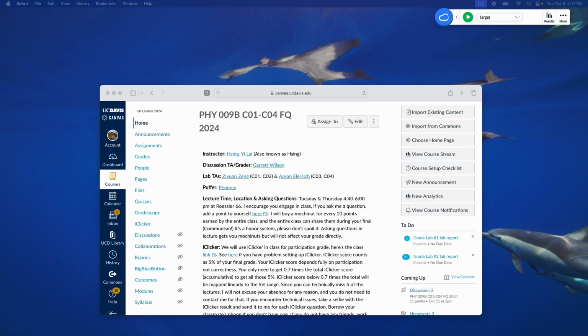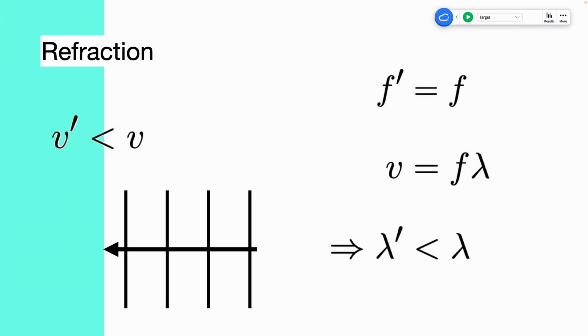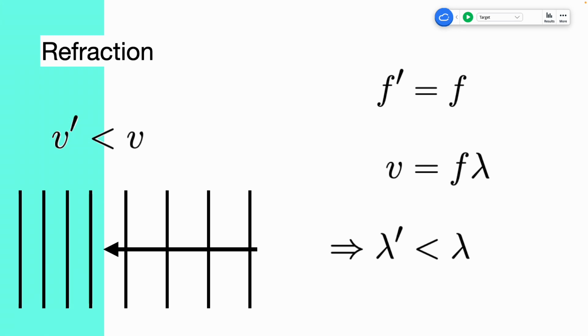So when the light ray goes into the glass, the light, as a wave, becomes slower, but the frequency is the same, so you know the wavelength should be shorter.